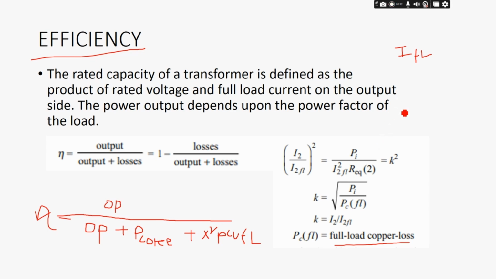The copper losses depend on the square of the current and some other load X. Here X is some other load which is not full load, so I by IFL is equal to that particular loading X. At some other load which is not full load, that will be some fraction. For example, at half load, the copper loss will be equal to 1 by 4 times PCUFL.